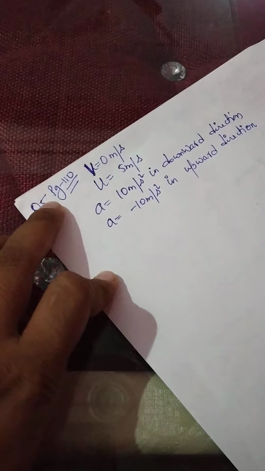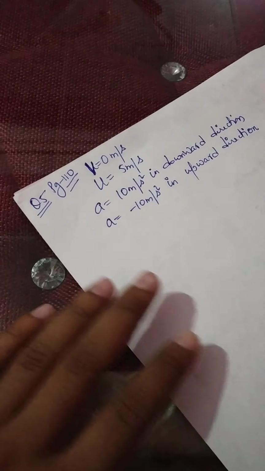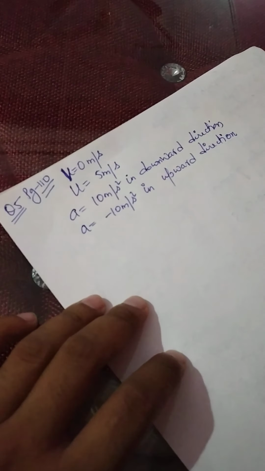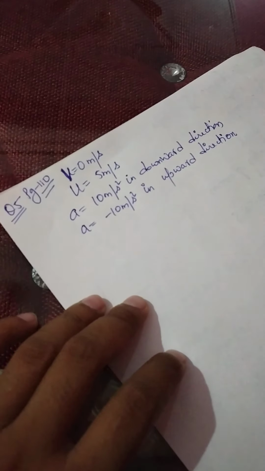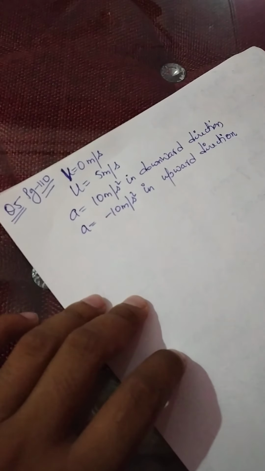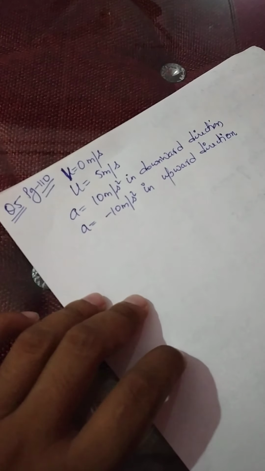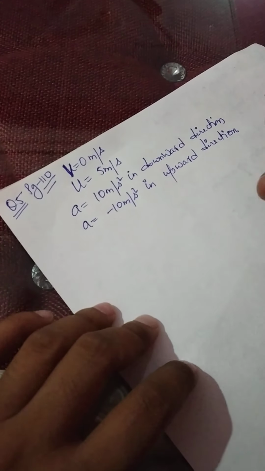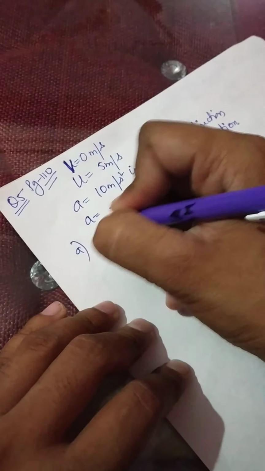The acceleration is negative whenever an object goes upwards because the velocity decreases with time. As a result of this, the acceleration is negative. Whereas when an object falls towards the surface of the earth, its acceleration is positive because the velocity increases with time. So very firstly, we have to find out the height attained.